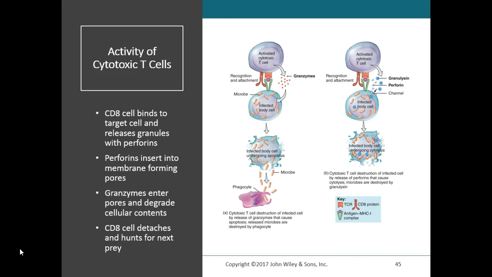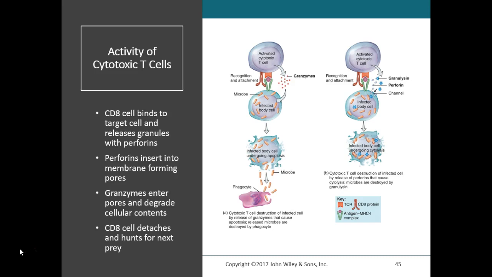So how do they do that? Well, cytotoxic cells can release granzymes, which are protein-digesting enzymes that trigger apoptosis or cell death. Once the cell is destroyed, then all of the microbes that were killed are going to be destroyed by phagocytosis.